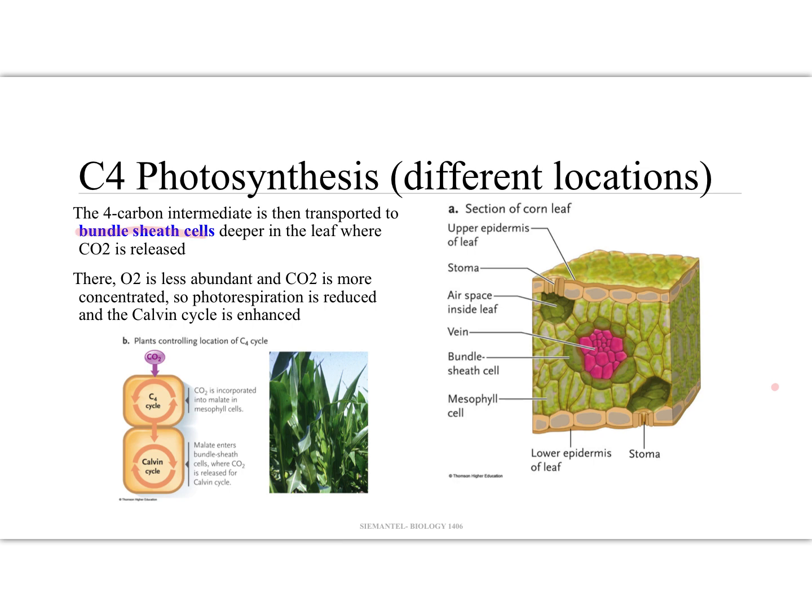And the bundle sheath cells are deeper in the leaf as compared to where carbon dioxide is ultimately released. So that's why we tend to say that C4 photosynthesis is all about location. I'm going to incorporate carbon dioxide into an intermediate molecule, and that happens in the mesophyll cells. And then once conditions are ideal and the leaf can go ahead and open up its stomata once more, I'm going to take that intermediate molecule and pull carbon dioxide off of it and then send carbon dioxide to the bundle sheath cells, which is where the Calvin cycle will actually take place.